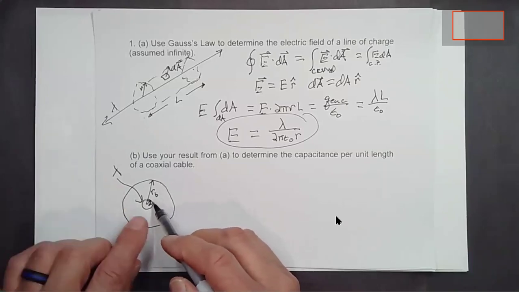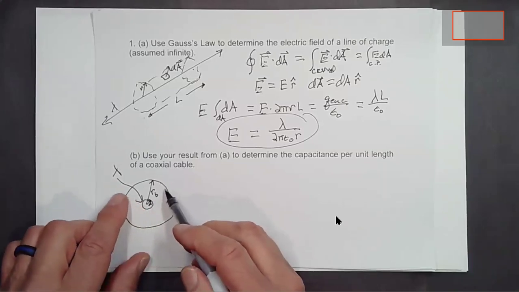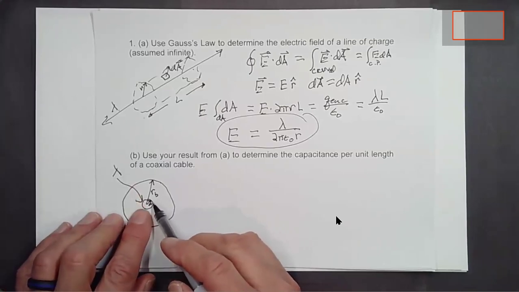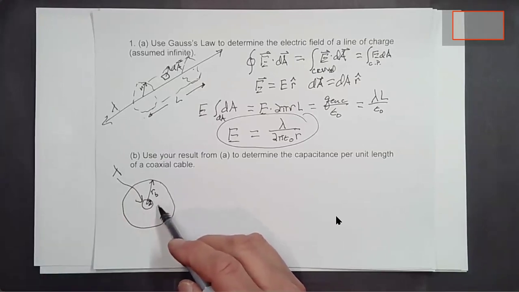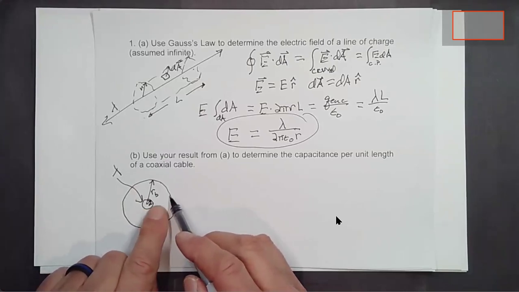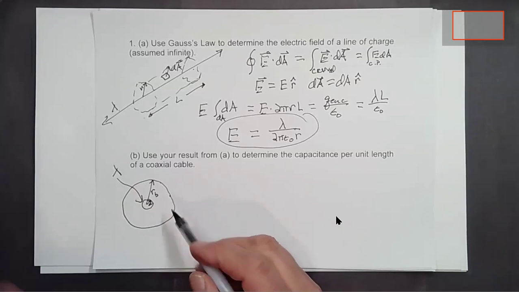If it's positive, the electric field points away from it in every direction, and the electric field points in the direction of decreasing electric potential, which means the inner conductor would be at a higher potential than the outer conductor, and we'd have a potential difference.